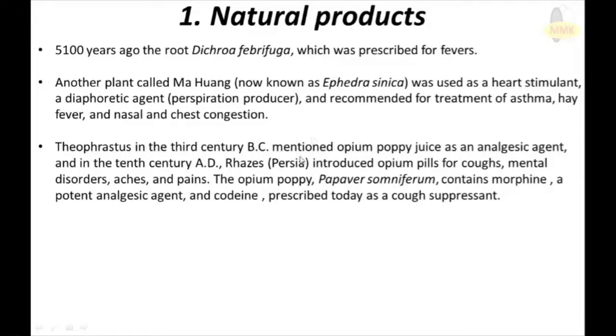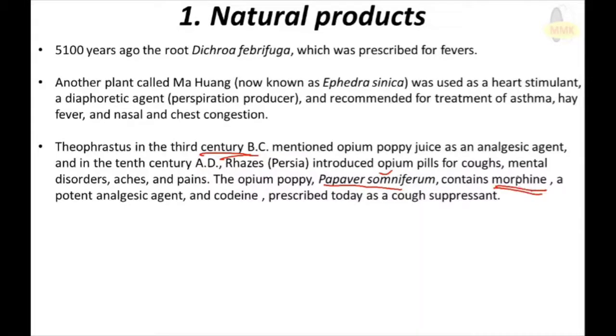And in the 3rd century BC, Papaver somniferum was scientifically studied, though Papaver somniferum is as old as 2200 years back, we have reports of its usage from the literature. You all know this one. Papaver somniferum contains morphine.